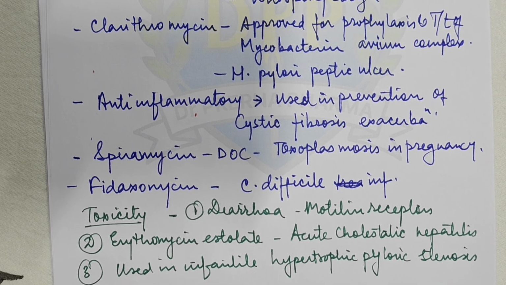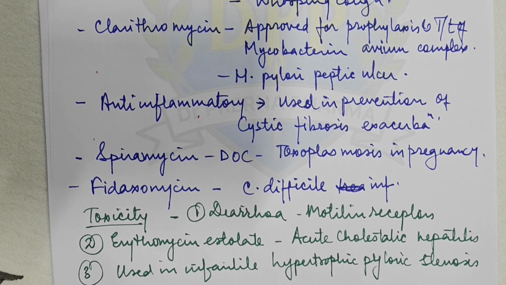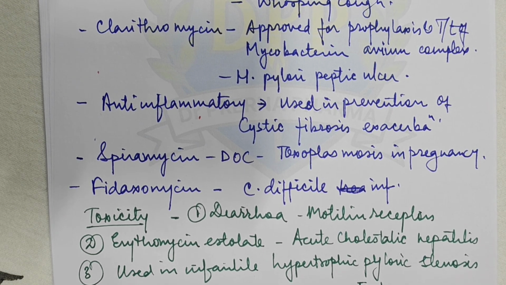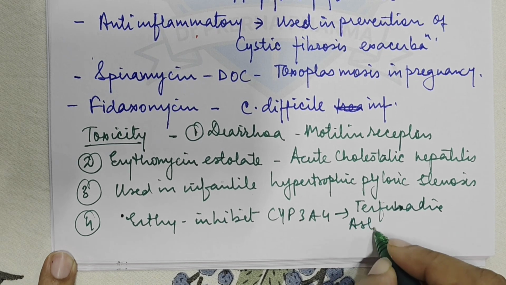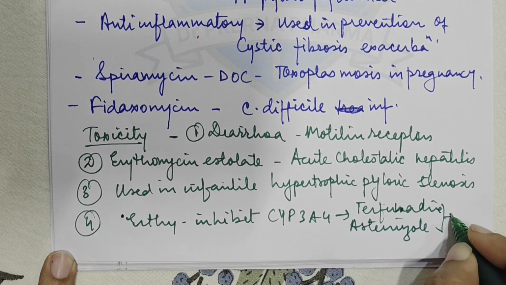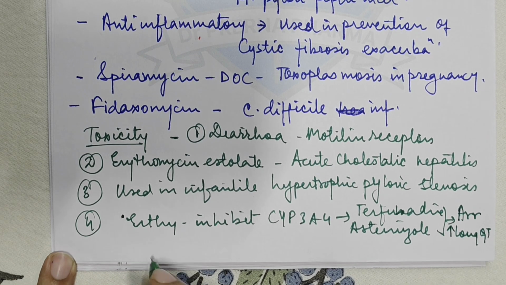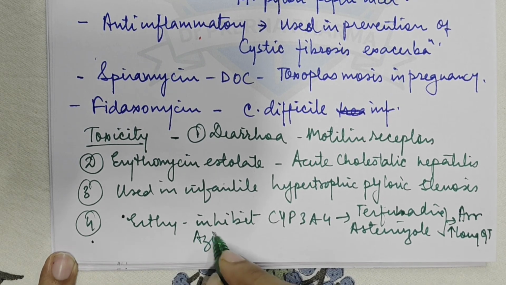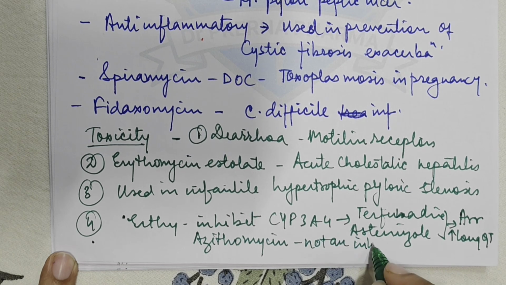Usually these drugs, erythromycin and other drugs also, they inhibit CYP3A4. So if it is given to a patient who is taking terfenadine and astemizole, then it can result in arrhythmias, prolongation of the QT interval, right? Now in this, azithromycin is not an inhibitor.